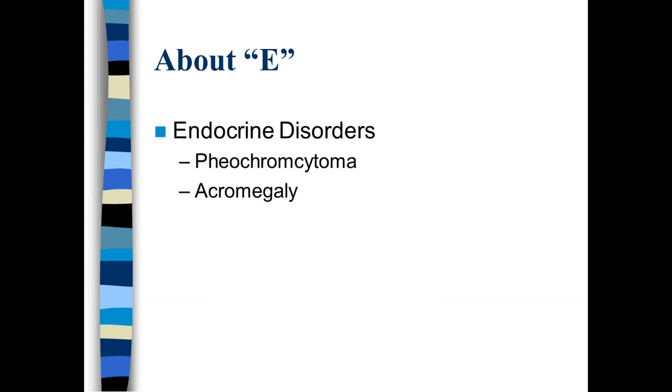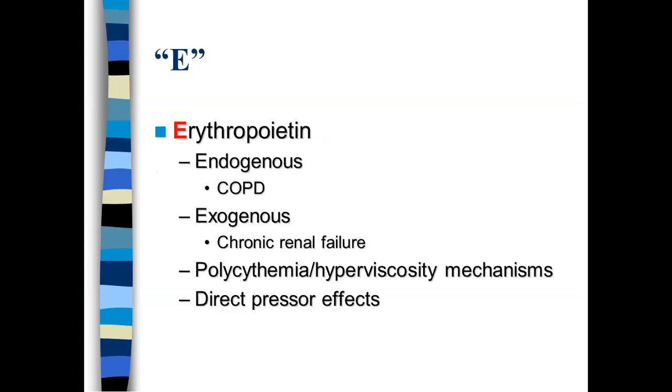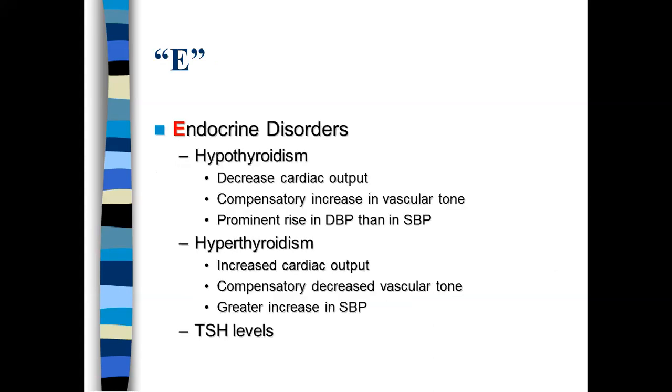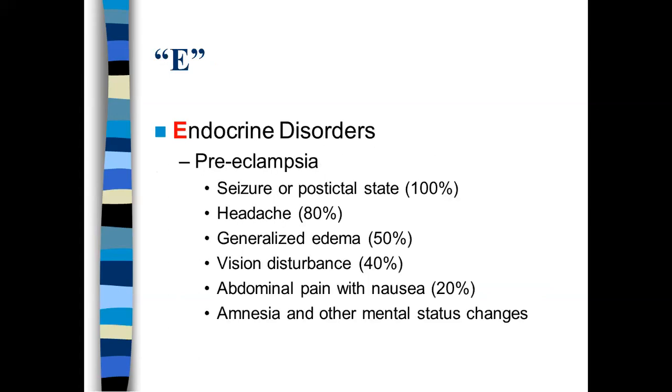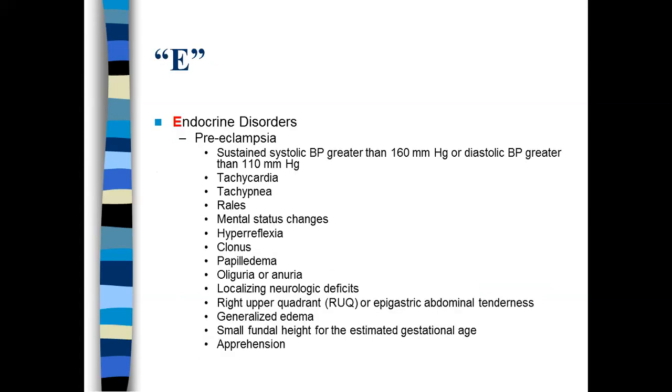Pregnancy-induced hypertension. Acromegaly also is associated with secondary hypertension. Hyperparathyroidism, and pregnancy with eclampsia and preeclampsia.